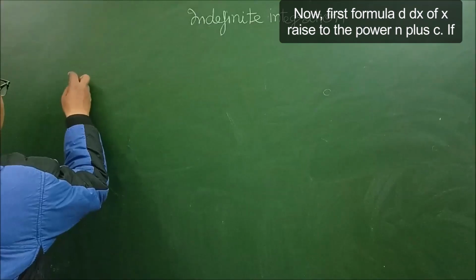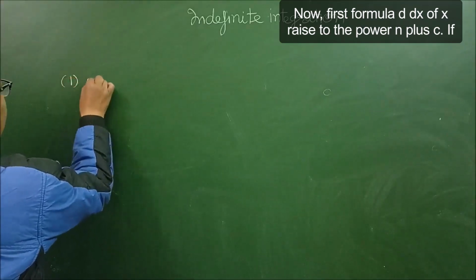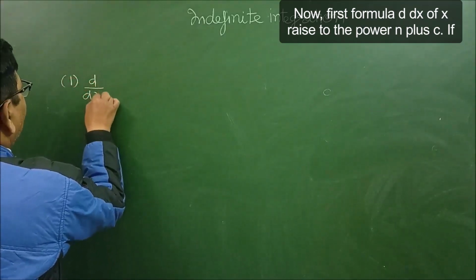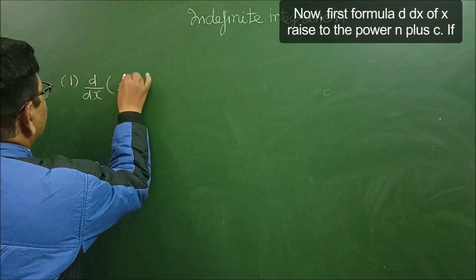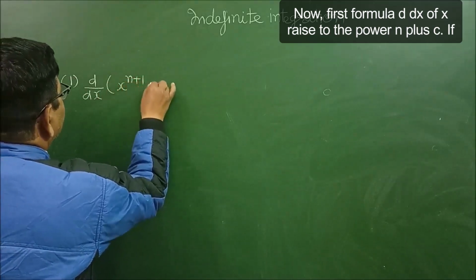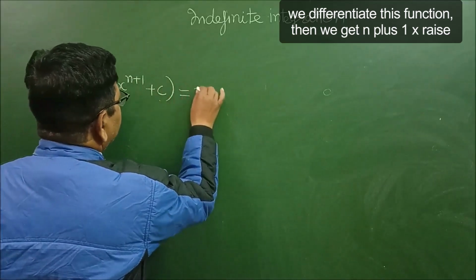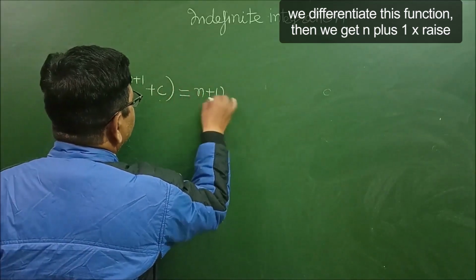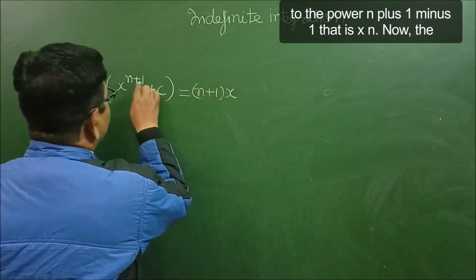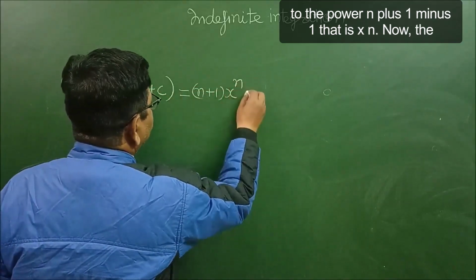Now first formula, d dx of x raised to the power n plus 1 upon n plus 1, plus c. If we differentiate this function, then we get n plus 1, x raised to the power n plus 1 minus 1, that is x^n.